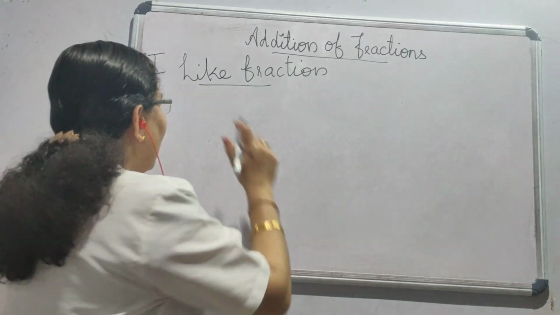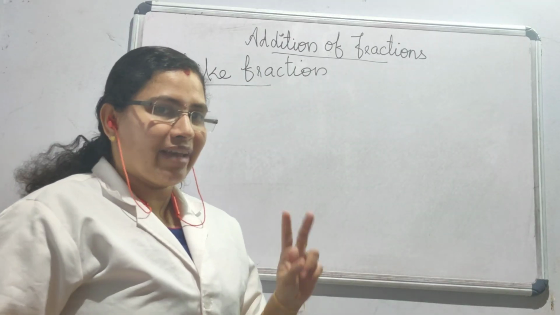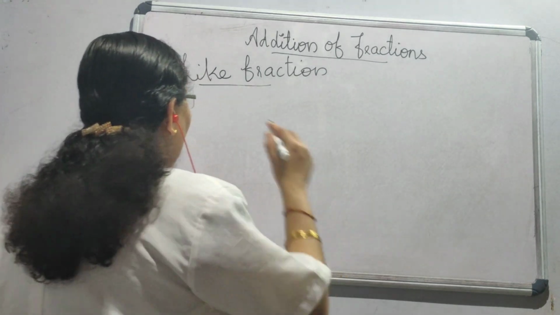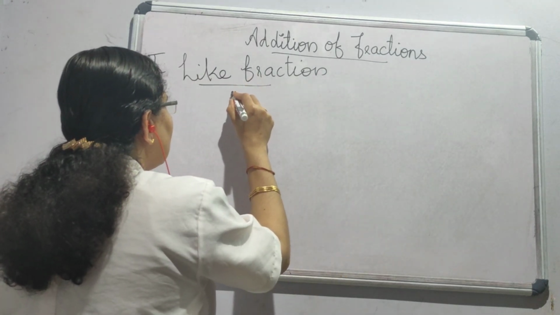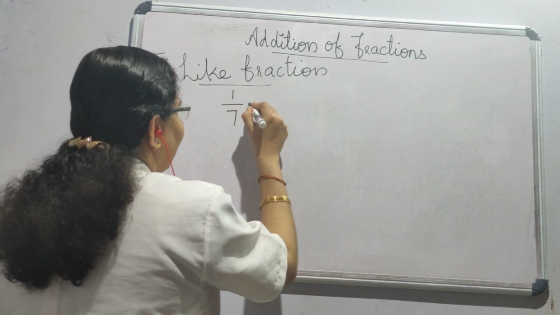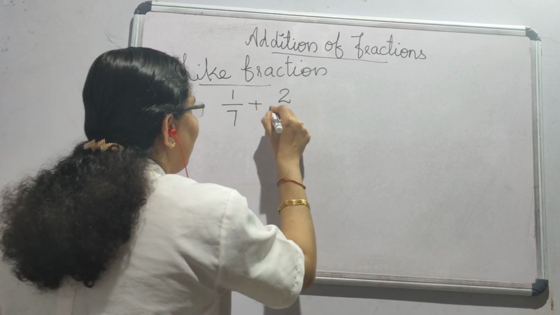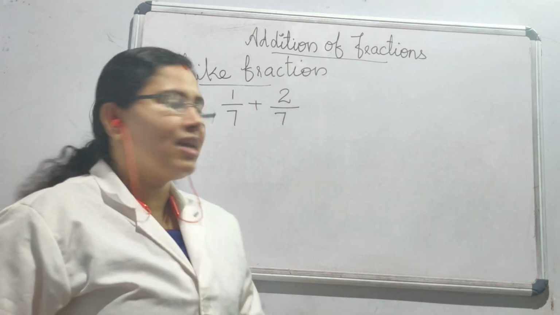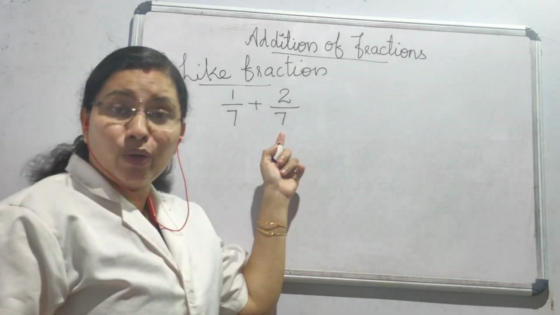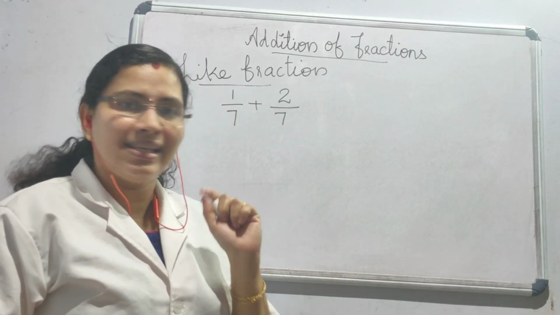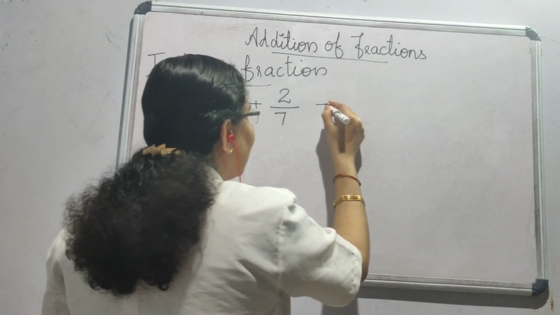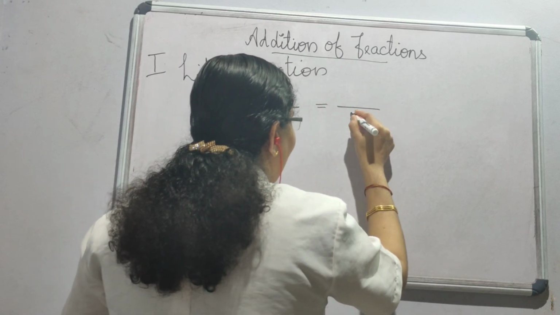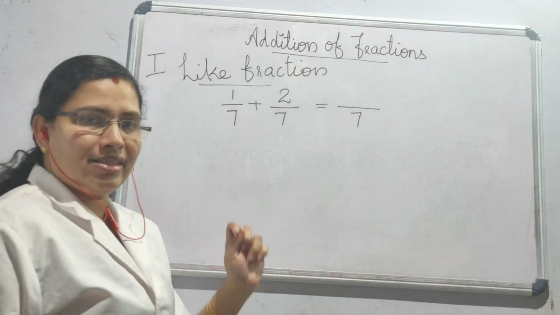This is very simple. So let's take two like fractions, okay? I'll be taking 1 by 7 plus 2 by 7. Here the denominators of both the fractions are the same, that is 7. So how to do this? We have to write the denominator as it is.